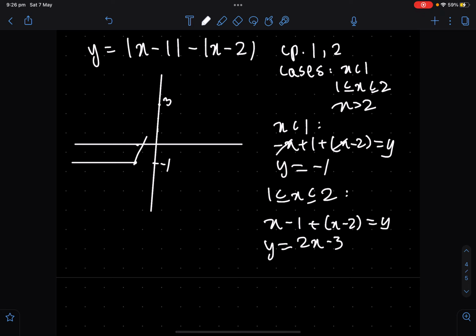However, this function is in the domain of x less than 2. So if you plug in 2 into this function, we get 2 times 2, which is 4, 4 minus 3, which is 1. Oh, my bad, this actually is minus 3. I feel like I did something wrong here.